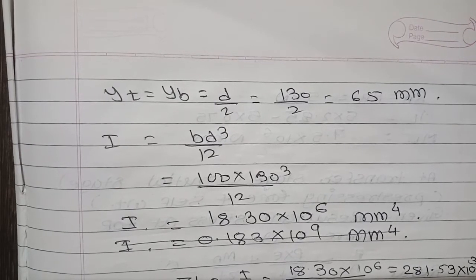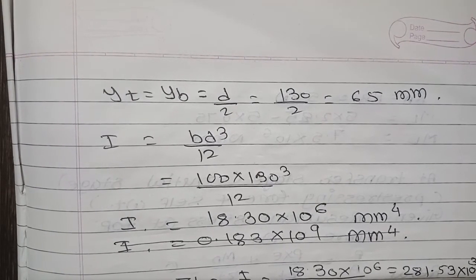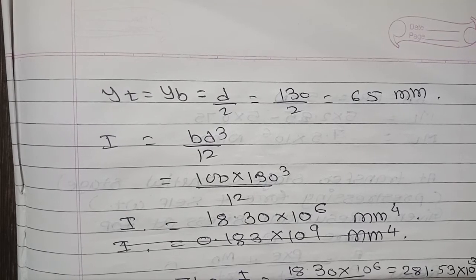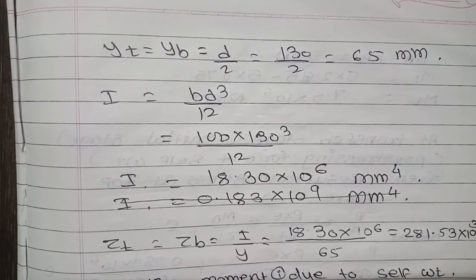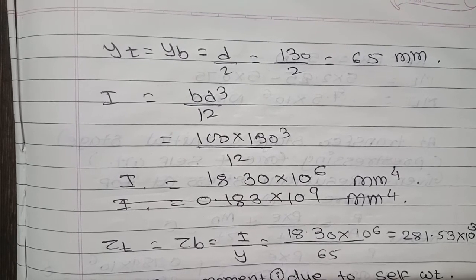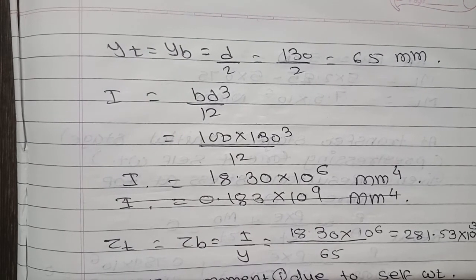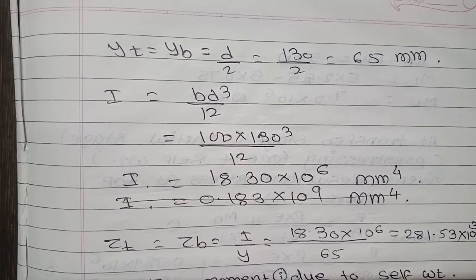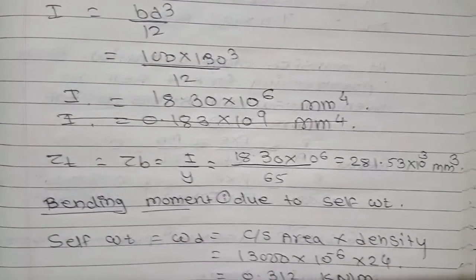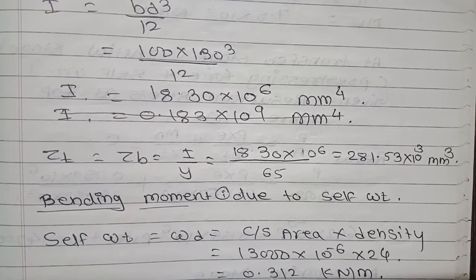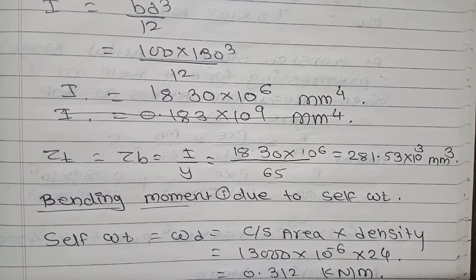That's why D by 2 equals 130 divided by 2. We got 65 mm. Find the moment of inertia, that means BD cube upon 12. Put in all the values. B is 100 mm and D is 130 mm. That's why BD cube divided by 12. We got the moment of inertia, that is 18.30 into 10 raised to the power of 6 mm raised to 4. Now find ZT and ZB. ZT and ZB are the same because the section is symmetrical.